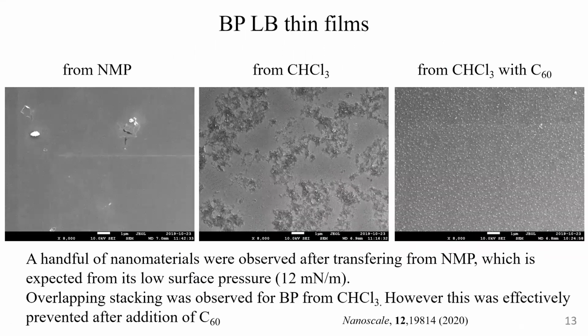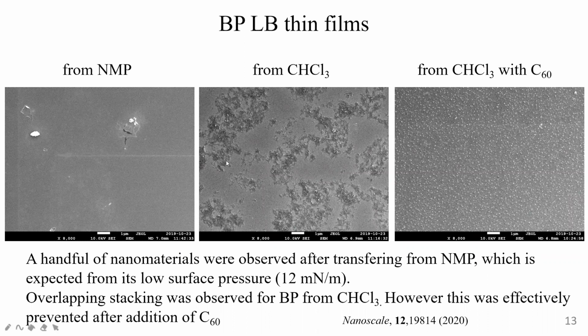And then we measure the morphology of the transferred LB thin films. For the BP from NMP, a handful of material were observed. However, this is expected from its low surface pressure, about 12 millinewtons per meter.